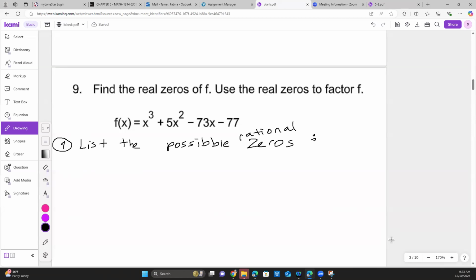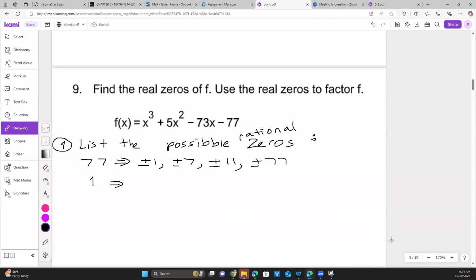In order to do that, I'm going to look at the last number 77, and I will find the factors of 77. I can divide 77 by 1, I can divide 77 by 7, I can divide 77 by 11, and I can divide 77 by 77. These are the factors of 77. The leading coefficient is 1 because the highest term is x cubed.